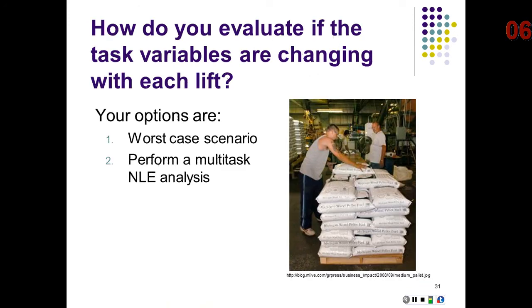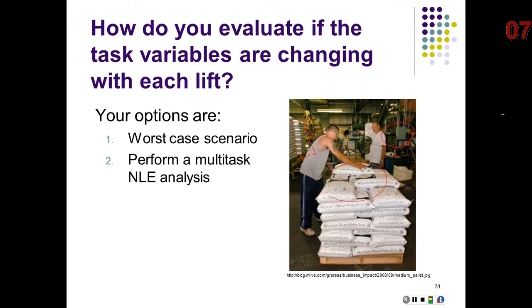The last thing I want to mention in relation to the NIOSH lifting equation is, what if you have task variables that are changing with each lift? For example, if you're stacking or unstacking a pallet, or if you have this pallet task here, but you also have to lift something over here, or you're unstacking these back here, you have different tasks. Your options are to, one, perform a worst case scenario. In that scenario, you're looking for what is the hardest part of the task.